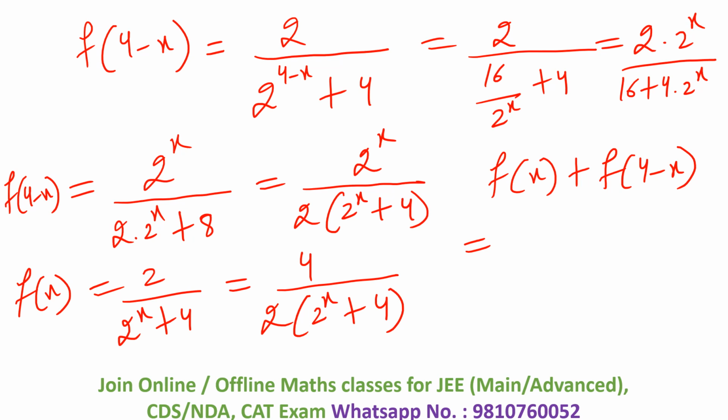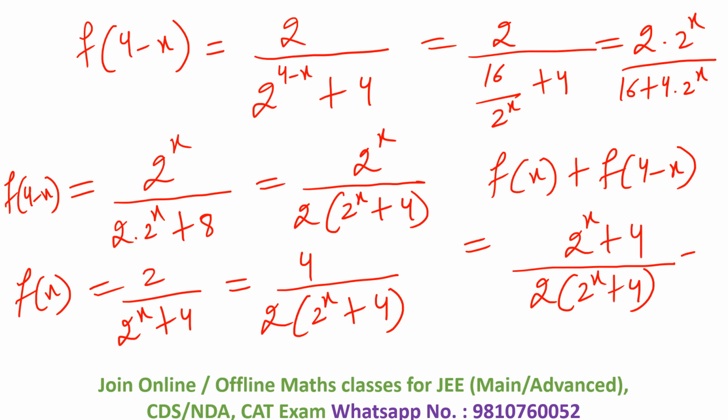Now when I add, what do I get? The denominator is same. So denominator becomes 2 times (2 to the power x plus 4), and in the numerator I am having 2 to the power x plus 4. And this finally becomes half, because (2 to the power x plus 4) cancels out from the numerator and denominator.